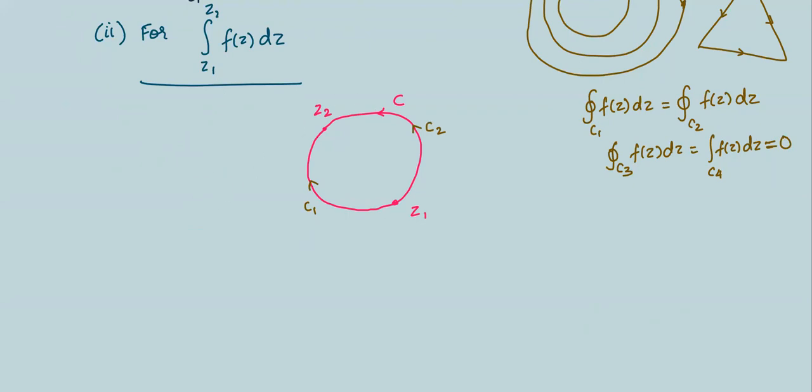Now, by Cauchy's integral theorem, the integral over C of f of z dz is 0, which implies the integral from Z1 to Z2 of f of z dz, let's say I start from here anti-clockwise from Z1 to Z2 and then Z2 to Z1.